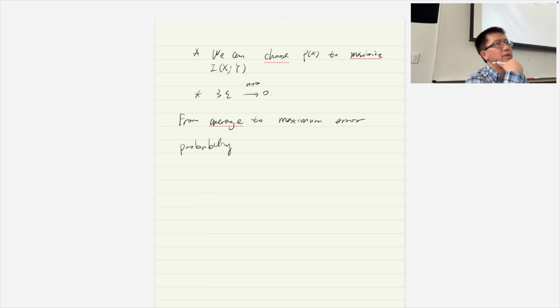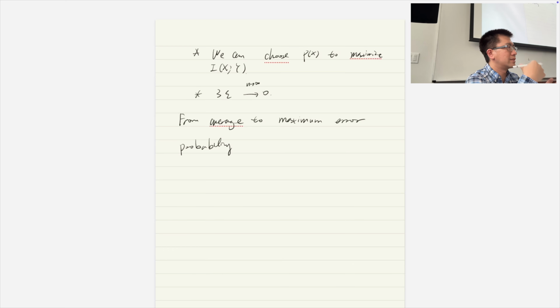Okay, how can we do that? For this code, we now know the average error over all the messages will go to 0. So how can we show the maximum can also go to 0? Or probably we cannot? Maybe we can design a new code based on this existing code.